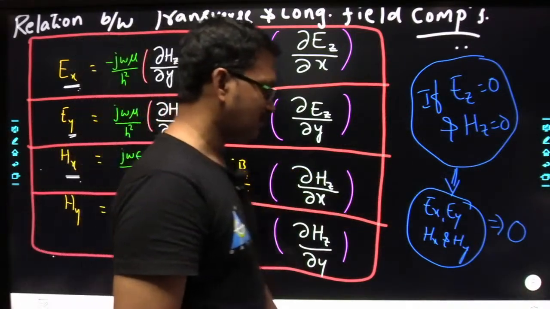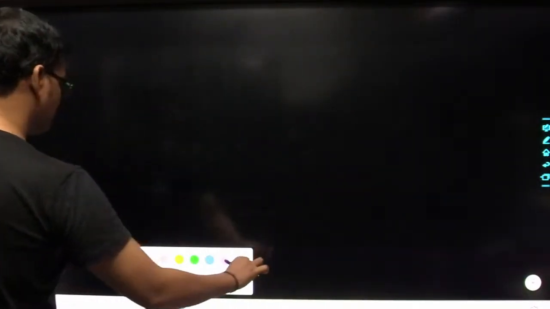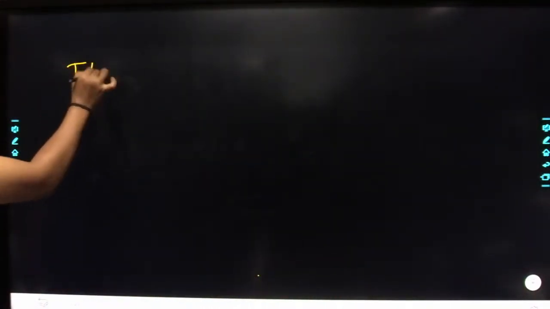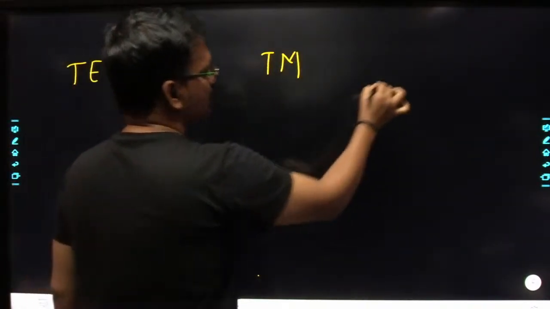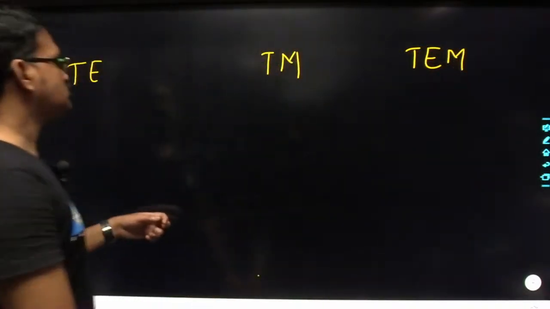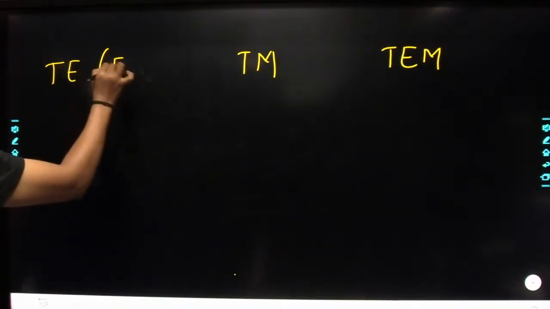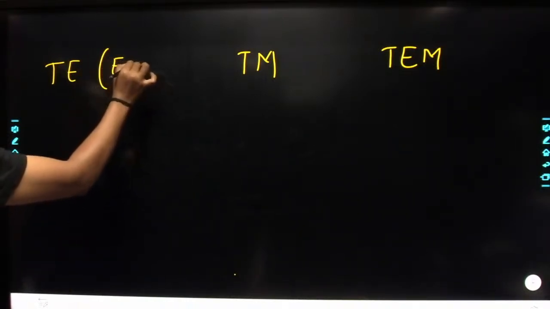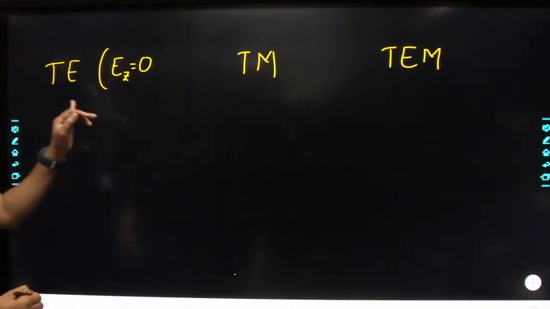Now here I will tell you one thing, that is the condition for TE mode, the condition for TM mode, and the condition for TEM mode. The condition for TE mode is Ez equal to 0. If there exists no electric field component along the net propagation direction, then we call it what here?